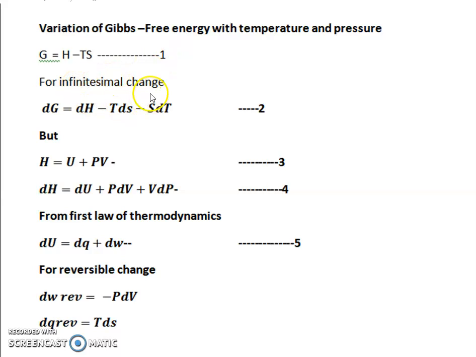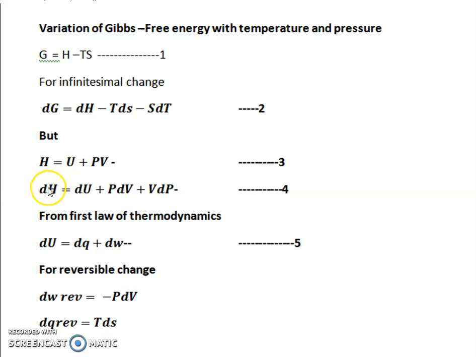For an infinitesimal change, we get dG is equal to dH minus TdS minus SdT, equation 2. But according to the first law of thermodynamics, H is equal to E plus PV.